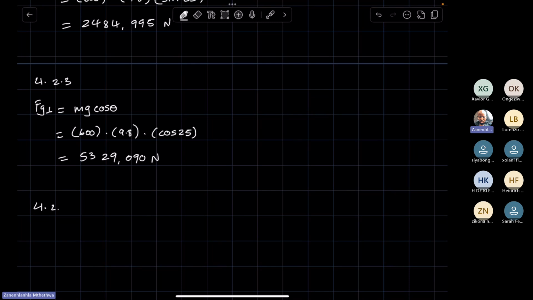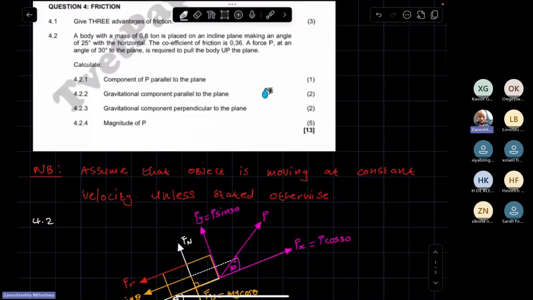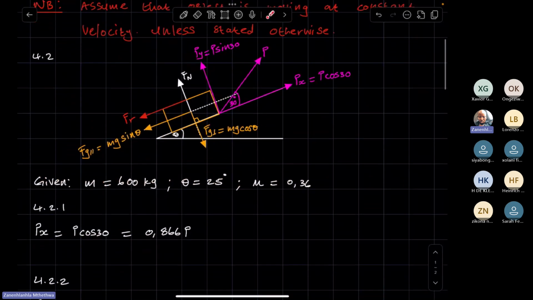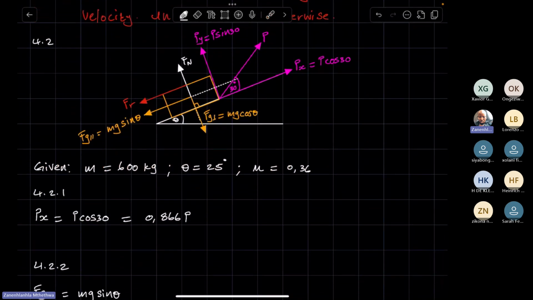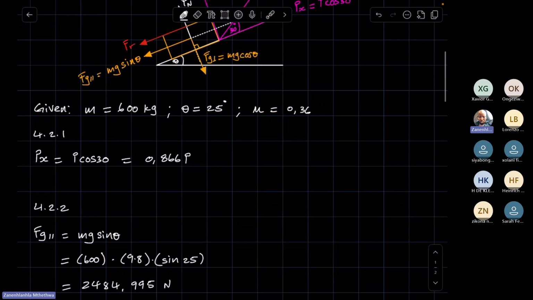Now 4.2.4, they want us to calculate the magnitude of P. In calculating the magnitude of P, we've already established that this is moving at constant velocity.